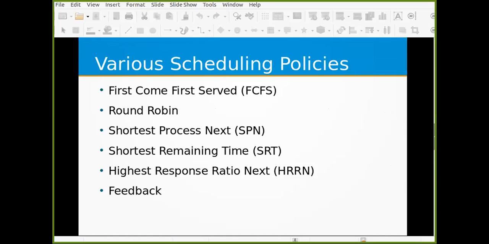So what are the various scheduling policies? These are the various scheduling policies that we are going to discuss, and they are there in your book: first come first serve, the simplest strategy, round robin, shortest process next, shortest remaining time, highest response ratio next, and feedback. Out of these, round robin and feedback are the most practical strategies.